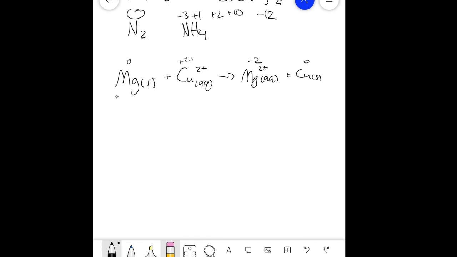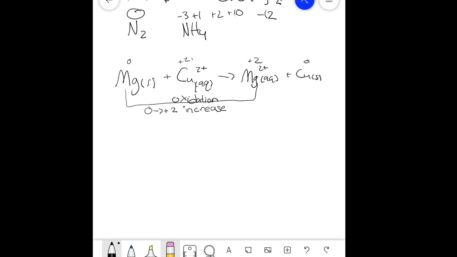What may help is connecting them and drawing little boxes. Okay, so we see that this magnesium is going from 0 to +2. So that is an increase in the charge. We've lost electrons, we've increased the charge. So that's oxidation based on our definition.